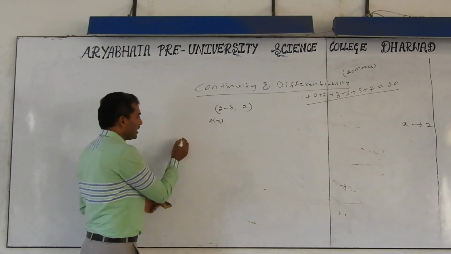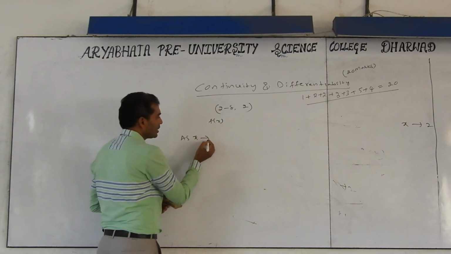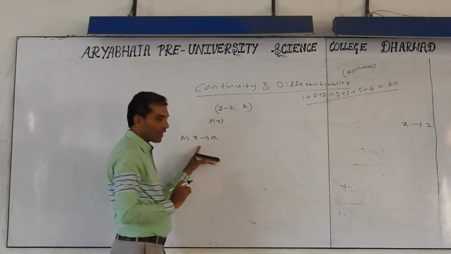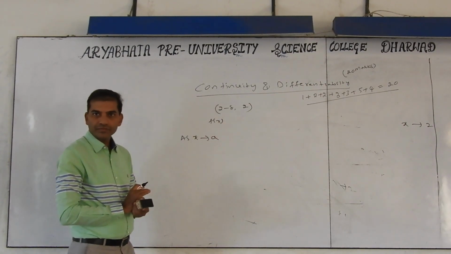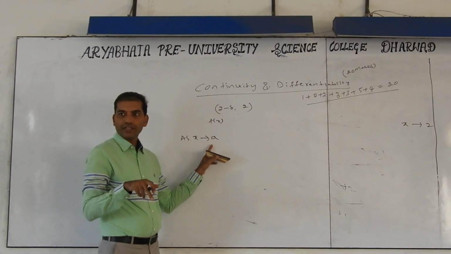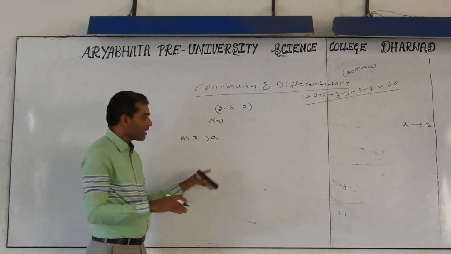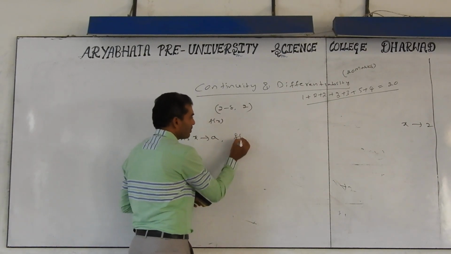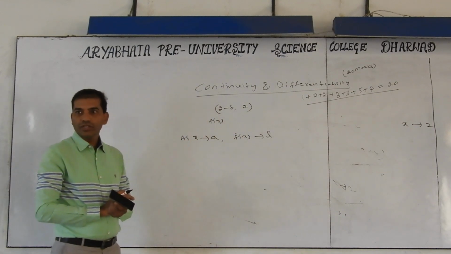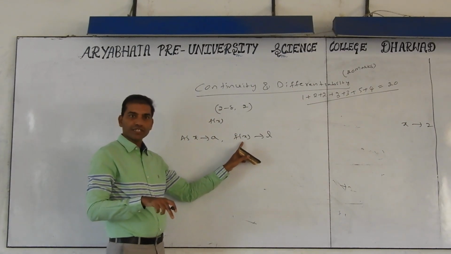Okay, as x tends to a, what is the meaning of as x tends to a? Meaning is x approaches the neighborhood of a but not a. As x tends to a, for example, f of x tends to L, where f of x is a function.